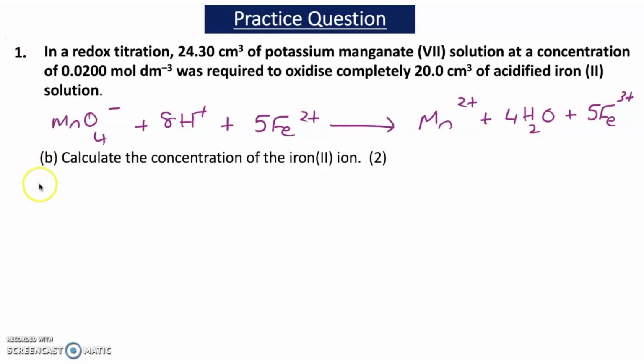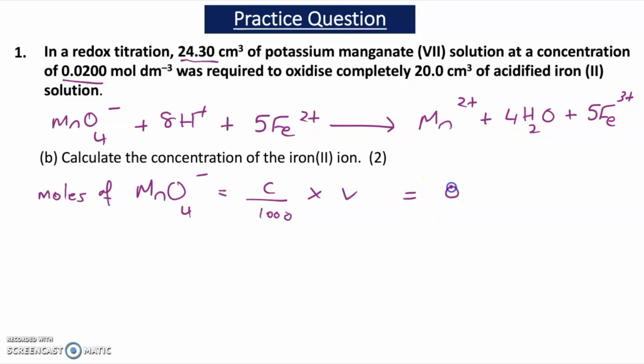So part B says calculate the concentration of the iron 2 ion, and it's a 2-mark question. Now, if we look at the question, we know the volume of potassium manganate 7 solution needed to oxidize the iron 2, and we know the concentration. So as we know the volume and concentration of the manganate 7 ion, we can work out the number of moles needed to oxidize the iron 2 solution.